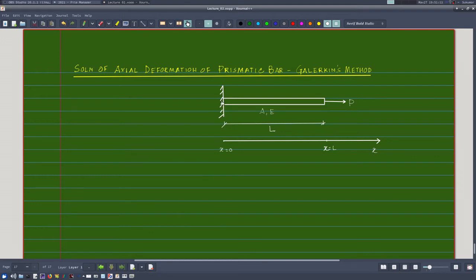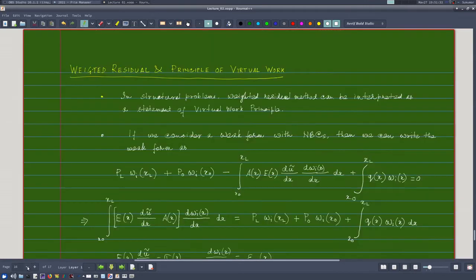Okay. So now if I write the weak form of this problem, what shall we find? We have already studied the weak form equation. This was my equation in weak form.